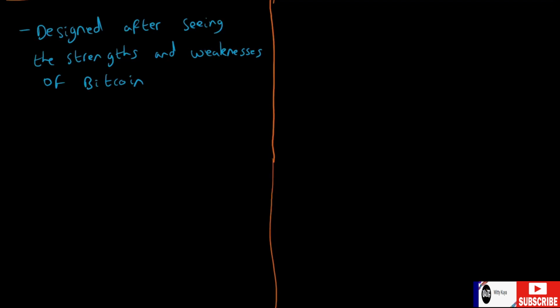Another thing I want to mention is this video will be covering Ripple, the currency, and the network. So the advantages and disadvantages will be generally for both. Another great advantage is any sort of asset can be transferred, which is great.